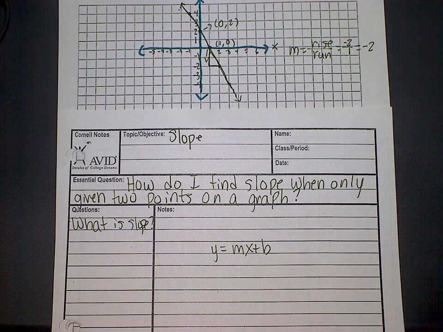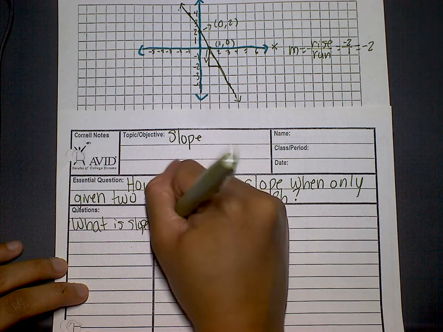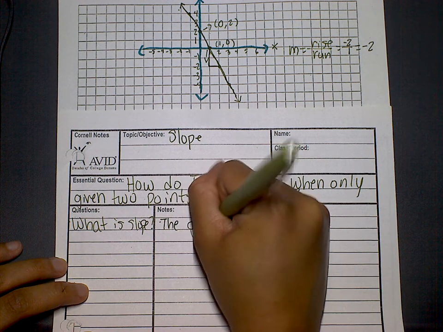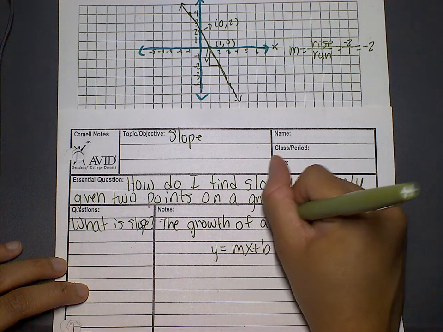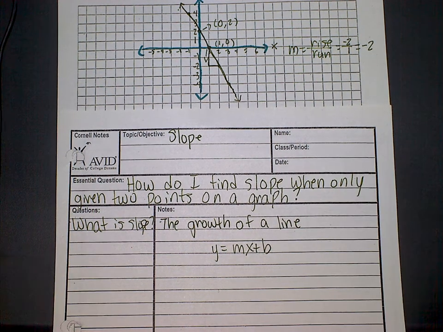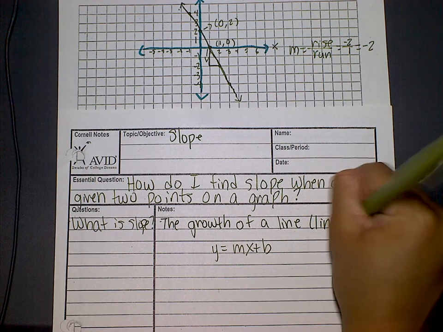So slope is simply, put it as the growth of a line. More specifically, this is a linear line.